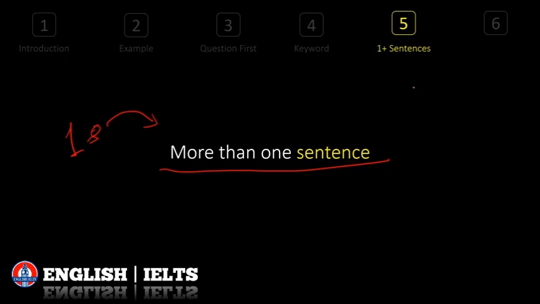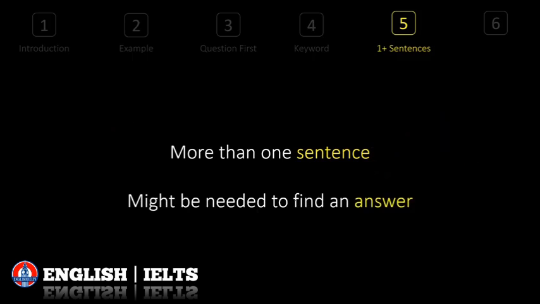They say, okay, I was given the instruction, questions first, I did it. Then I searched the keyword, I did it. Now, when I go to the passage, I try to find the answer from a sentence, I can't find it. Maybe I am lost. No, you're not lost. You're just looking for exact keywords, or you're looking in a single sentence. Please don't do that. Keep searching. More than one sentence might be needed, as I said.